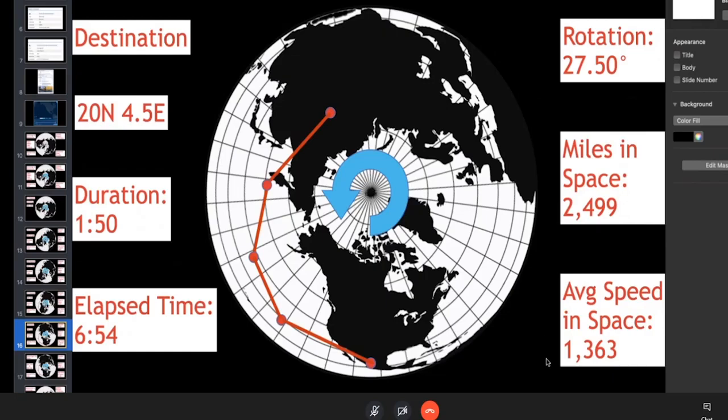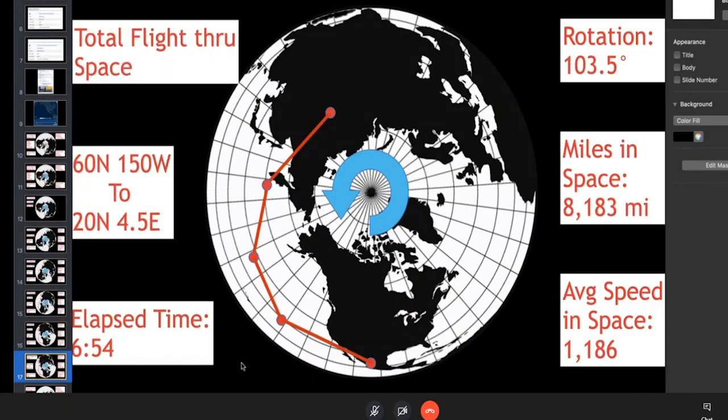And their average speed increased drastically to 1,363 miles an hour. Now remember, they've inherited from their starting location 513. So if you subtract the 513, the engine would theoretically add to their acceleration and their speed about 850 miles an hour.